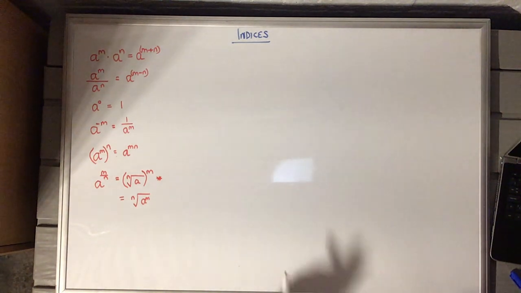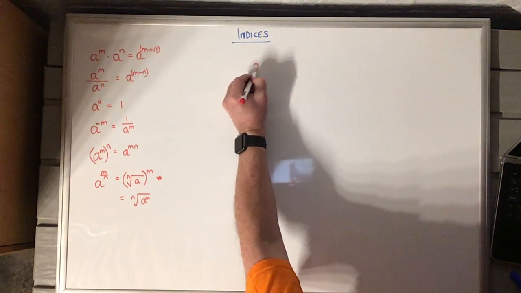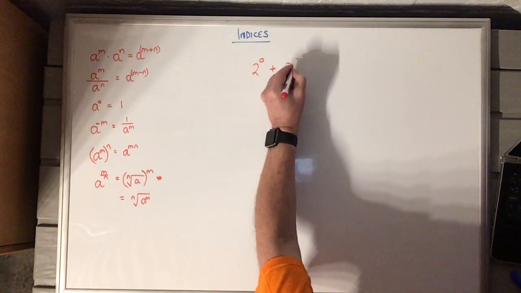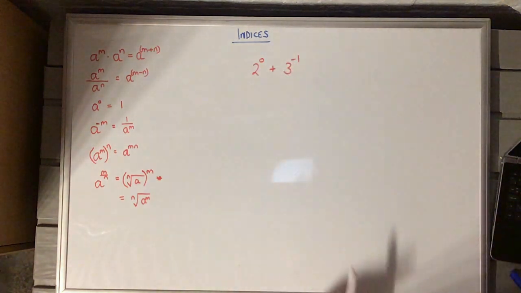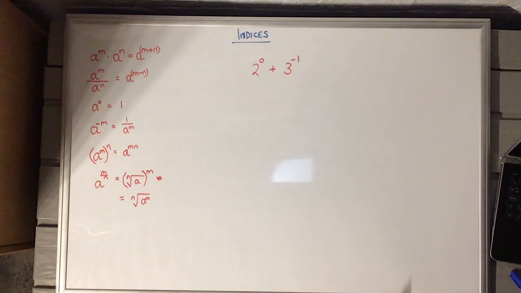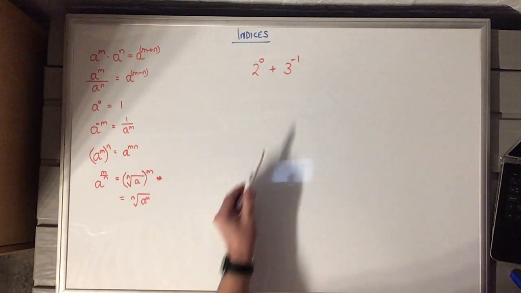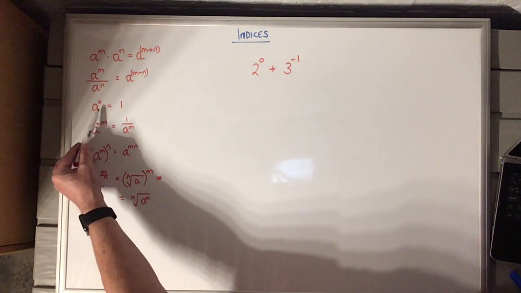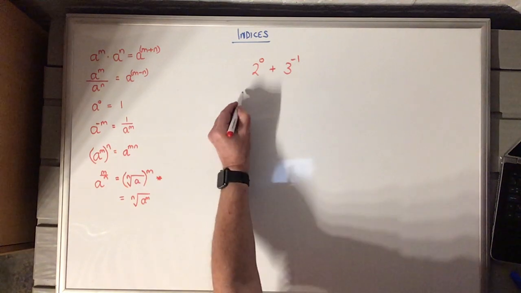Let's look at this one. 2 to the power 0 plus 3 to the power -1. Let's look at the rules again. 2 to the power 0, well, that's that rule there. A to the power 0 is equal to 1, a being any value.